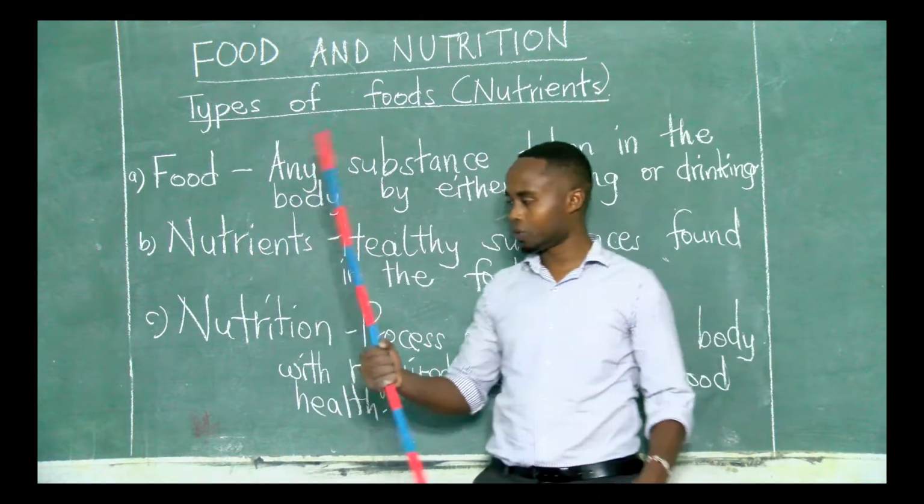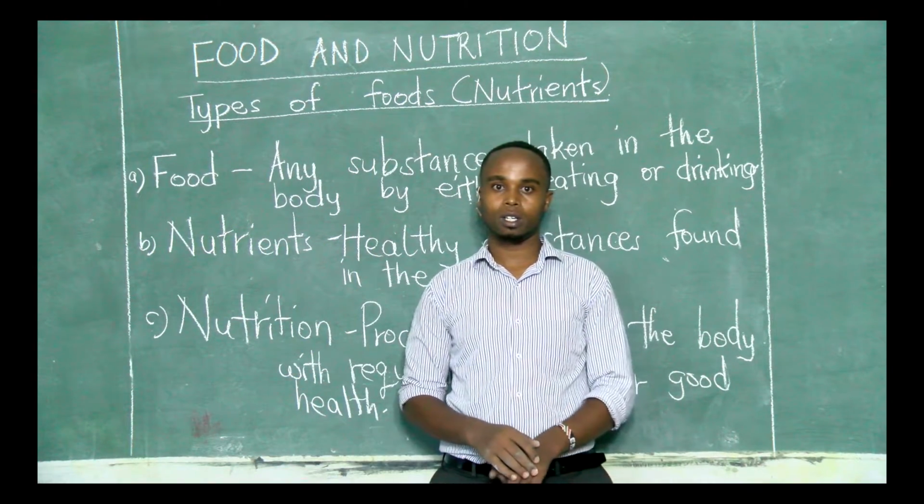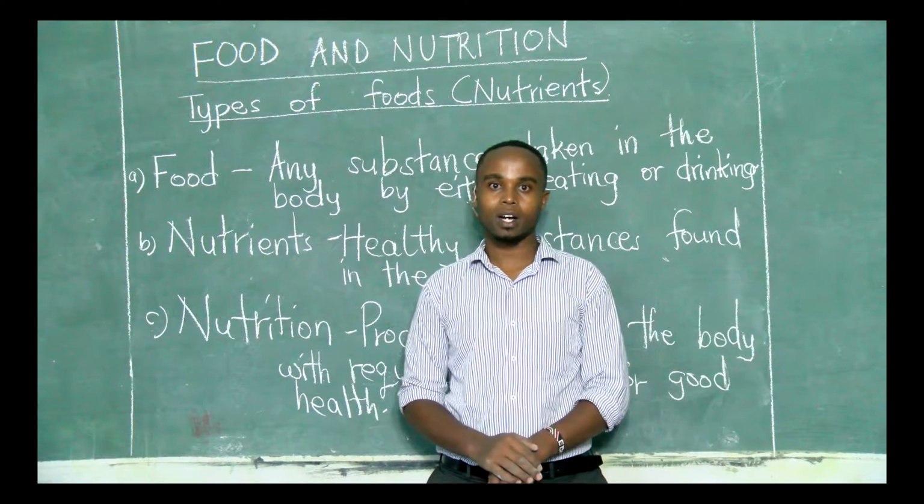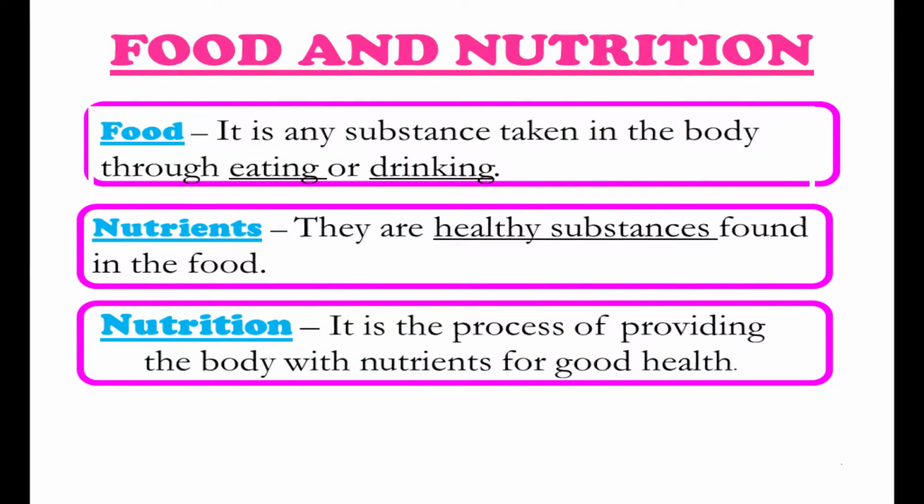Word number 2, nutrients. What is a nutrient, or what are nutrients? So nutrients are substances, and I like adding the word healthy substances, that are found in the food. So inside the food, when you are eating food, your body knows that there are some things inside that food, and that is what your body is interested in.